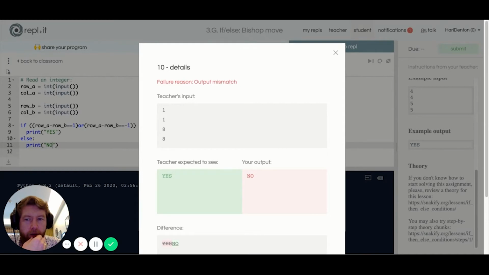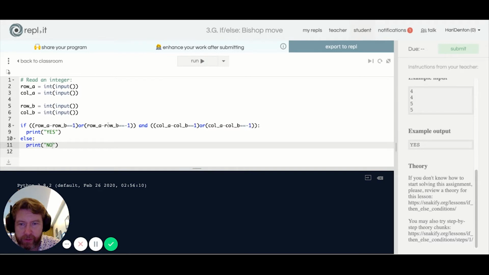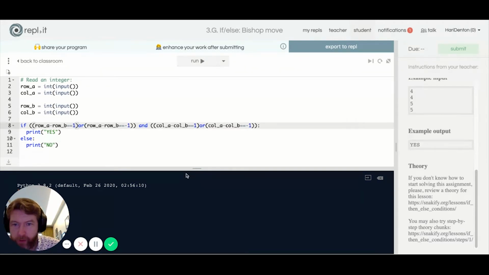Okay, so I made a complete mistake. Do you know what? I made a complete mistake. The difference between the rows has to be equal to the difference between the columns. That's what it has to be. It's much, much simpler than that.